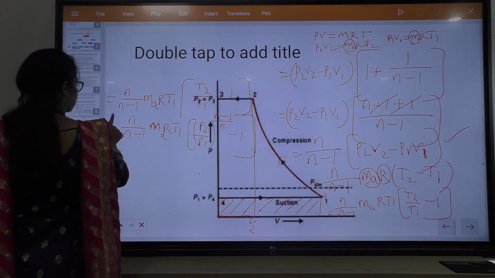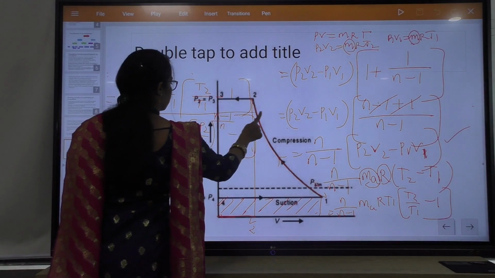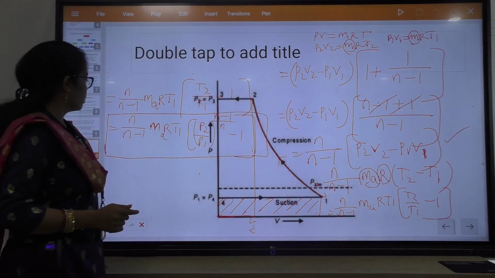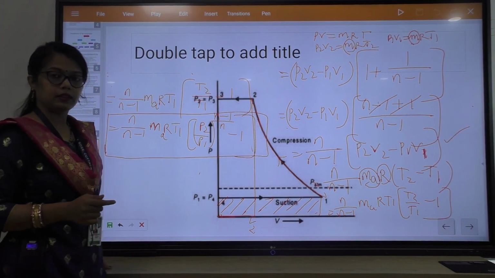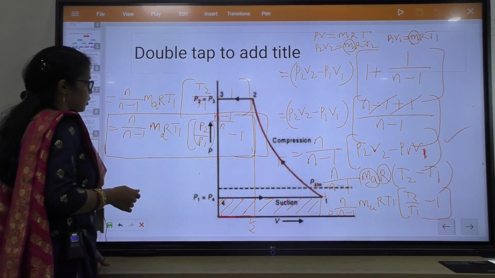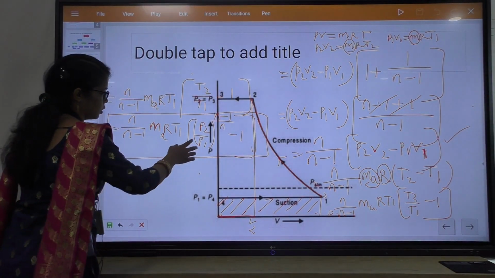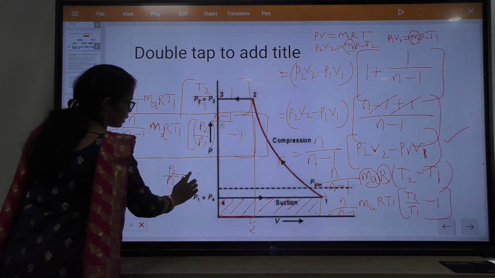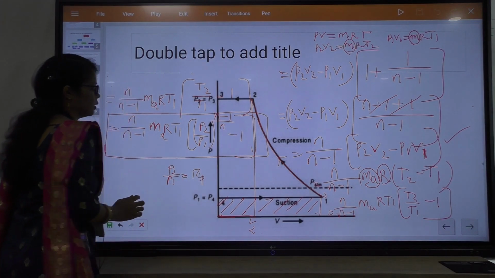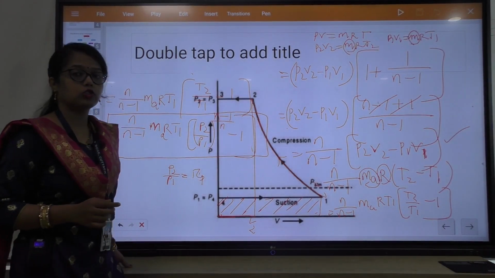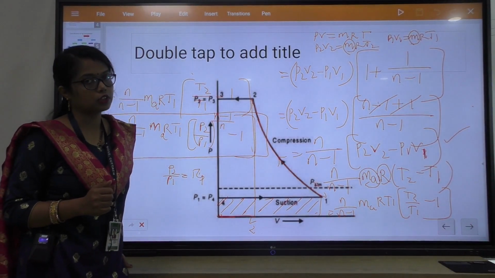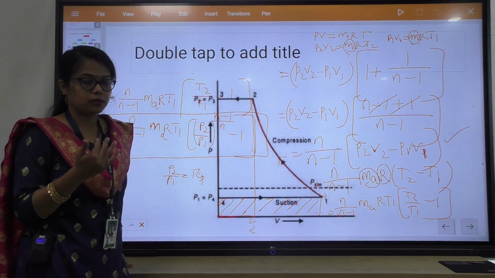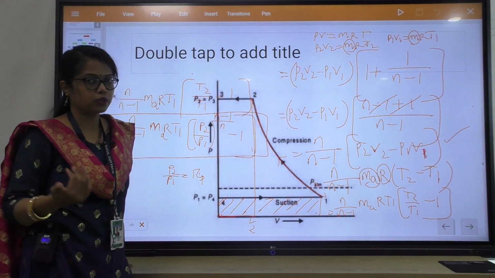Okay. So, this is the work done formula for the air compressor without clearance. Again, if you have to substitute P2 by P1, what is P2 by P1? That is RP. In the previous class I told you about the pressure ratio. What is pressure ratio? Pressure ratio is the ratio of air pressure after the compression and before the compression.